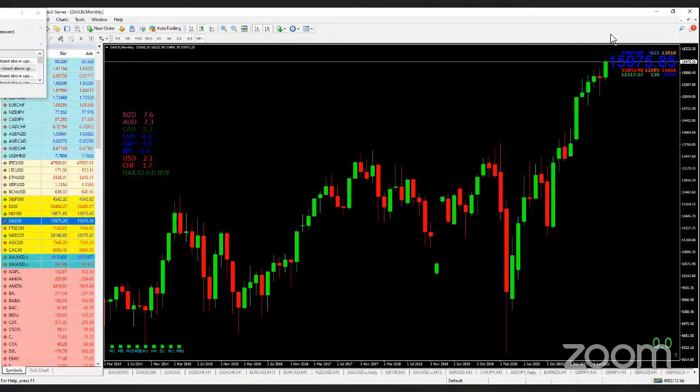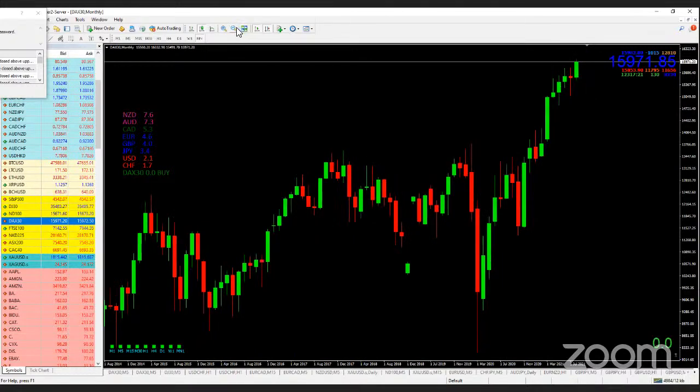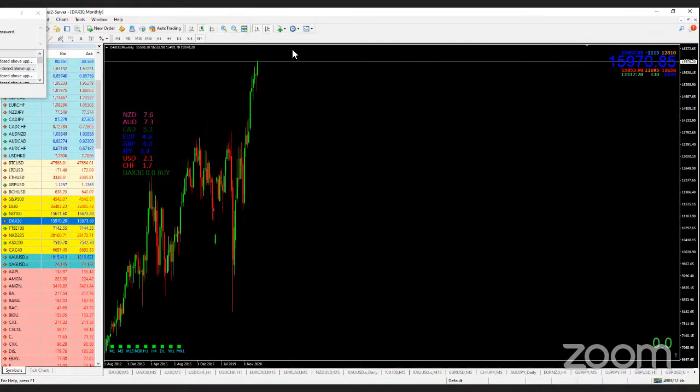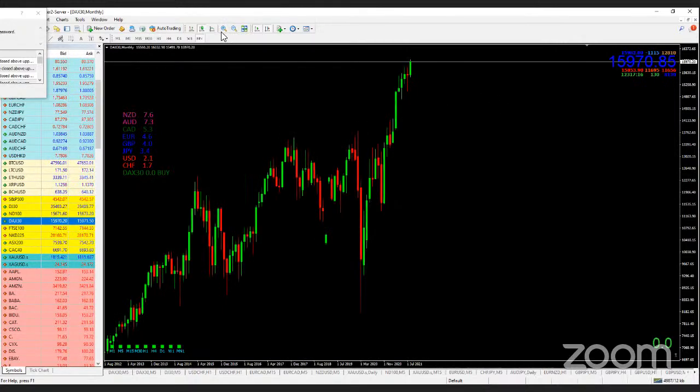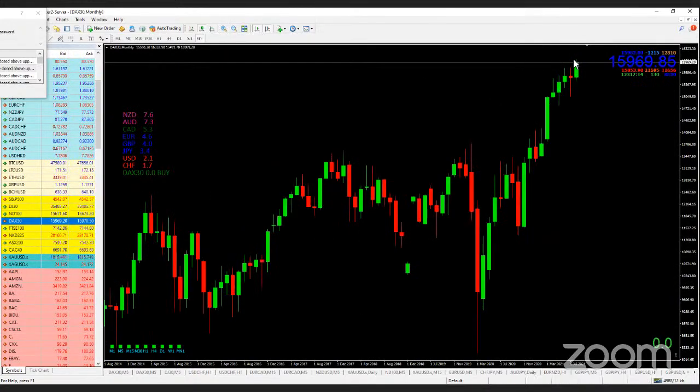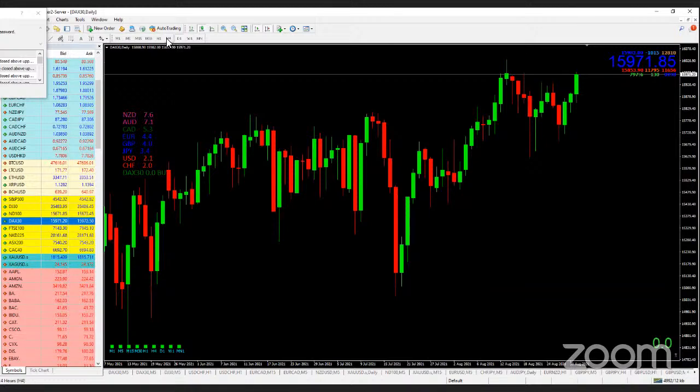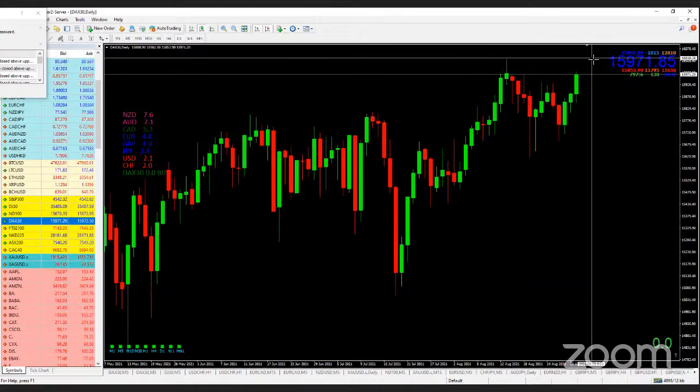This is the monthly time frame. You can see it's at an all-time high. It doesn't mean we cannot trade it. It just means that we have to be careful it does not reverse against us powerfully. This is the daily time frame.